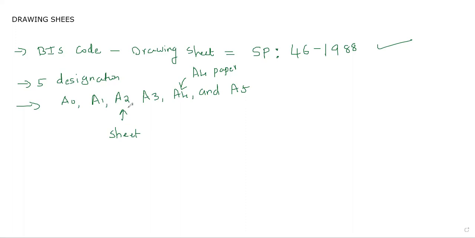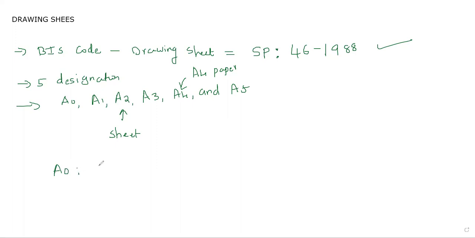Now what I am going to do is mention the designation with respect to the trimmed size, the untrimmed size, and the area. First let us consider A0. A0 is the first designation.